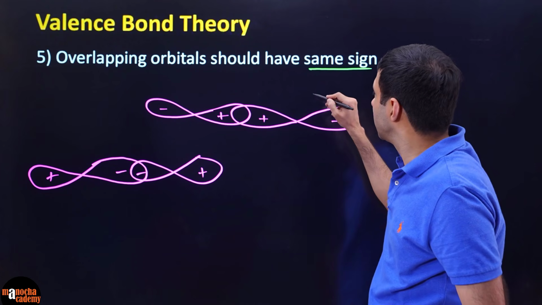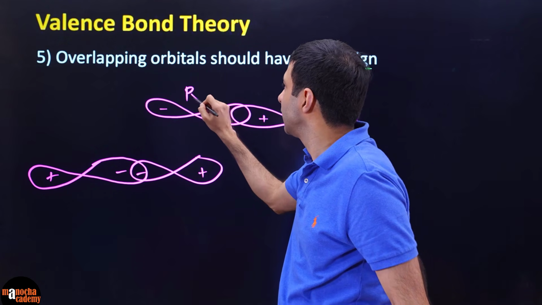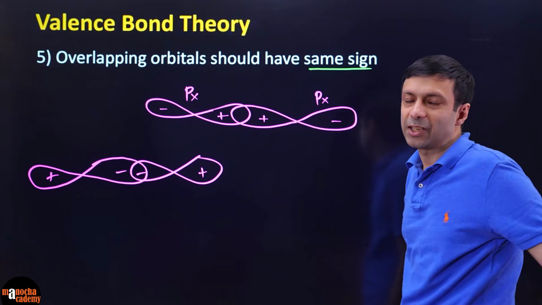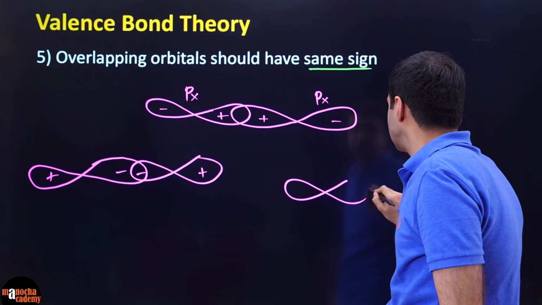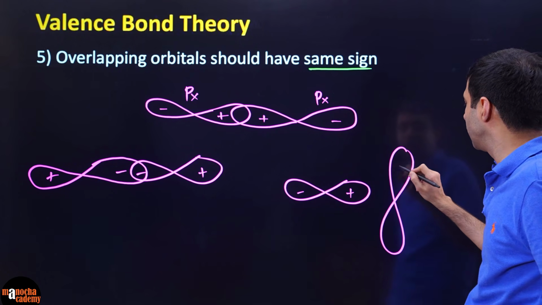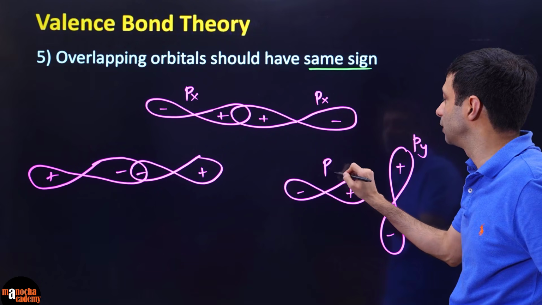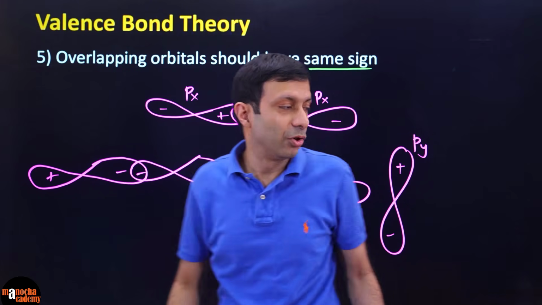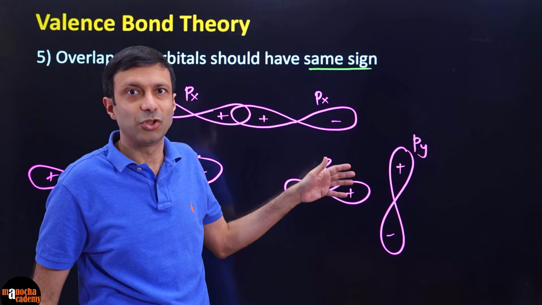Clear? And this we can say is the overlap between px orbitals along the x-axis. So this is a px overlap here. Now can you have a px and a py or pz overlap? Let's say this is px, this is px, this is py. No, we cannot have an overlap because the orientation is not the same, right?